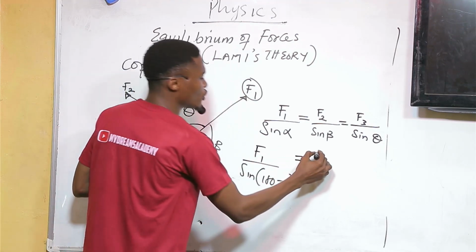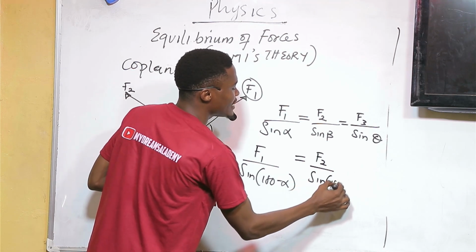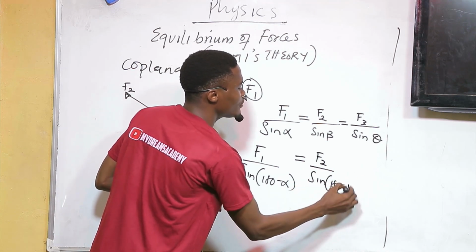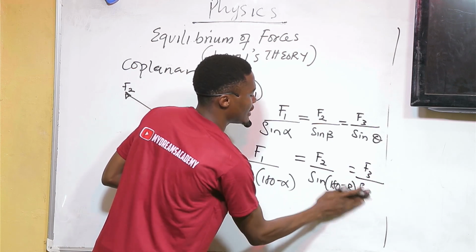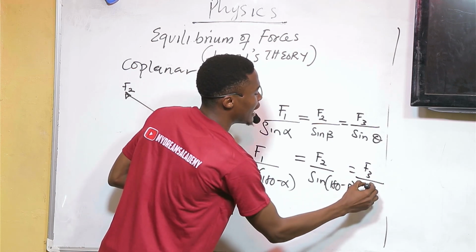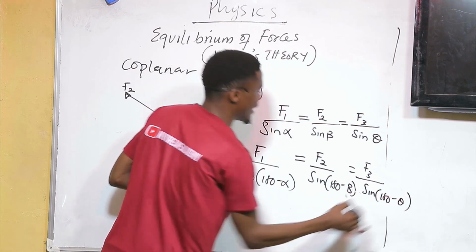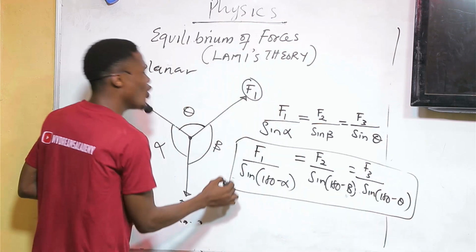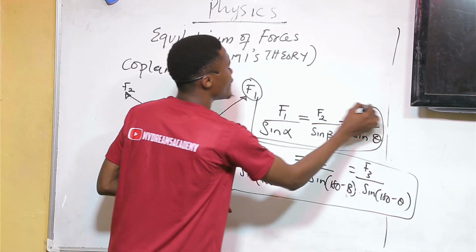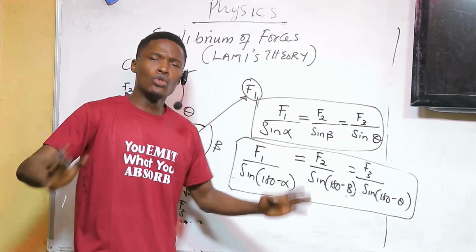This is also equal to F2 over sine of 180 minus beta, and also equal to F3 over sine of 180 minus theta. So you can use it this way, or you can still stick with the first one. Whichever is more convenient for you, no problem.